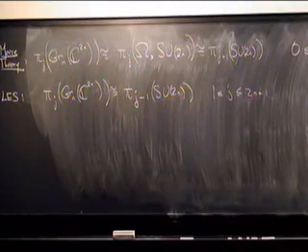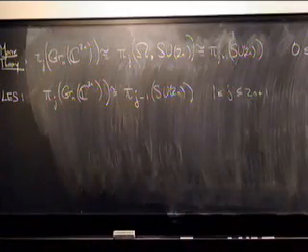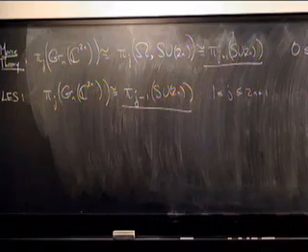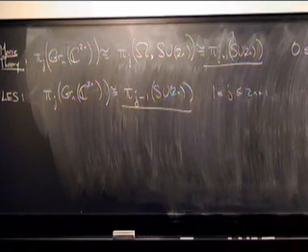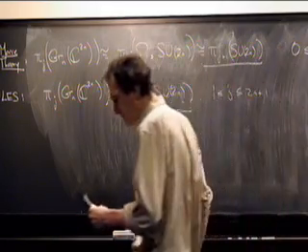Okay. Well, there you go. That is that for low values of j. So that's how Bott proved Bott periodicity in outline.